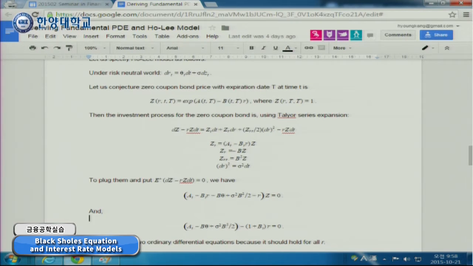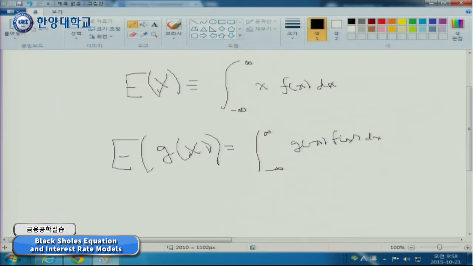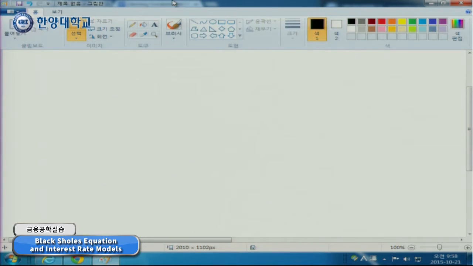Okay, what I just did is, suppose we have f(x), and if we take the derivative, then it is simply f prime. I'm using this one.